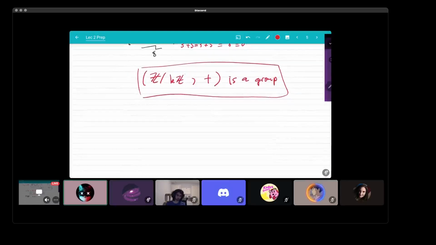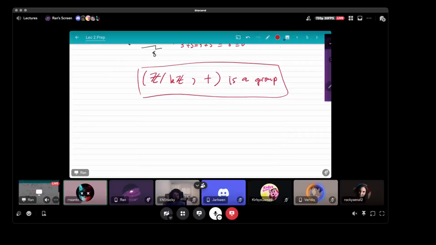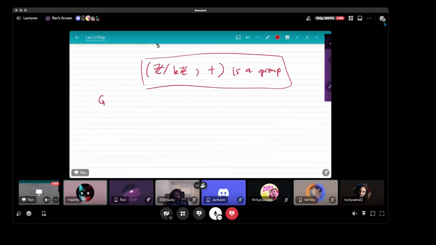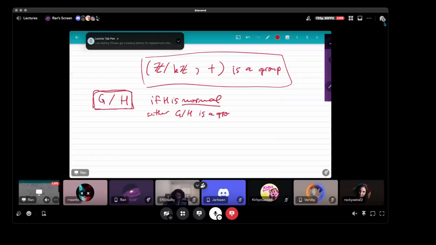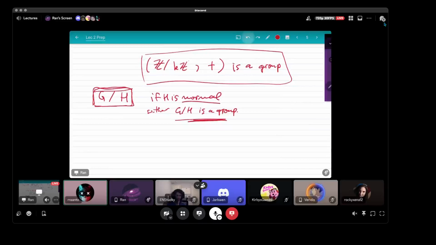We can see, maybe in the book, we've seen it defined that it works for any G and H if H is normal. We can define a law on the set of cosets so that it forms a group. But it's not any H that will work.